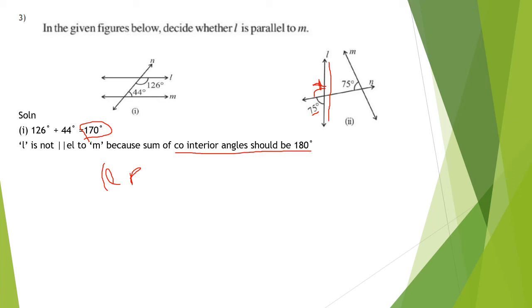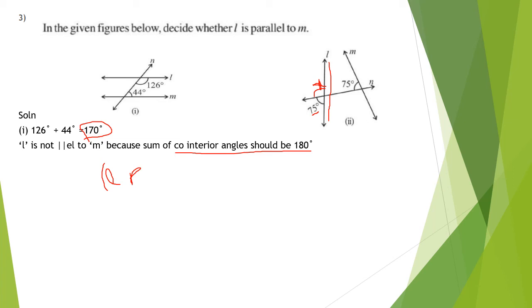We know that corresponding angles should be equal in measure. So we can name this angle X. This 75 degrees and X are corresponding angles, so we want to find the angle X. If you are getting the answer 75 degrees, then we can say L and M are parallel lines. If you are not getting 75 degrees, then it is not a parallel line.